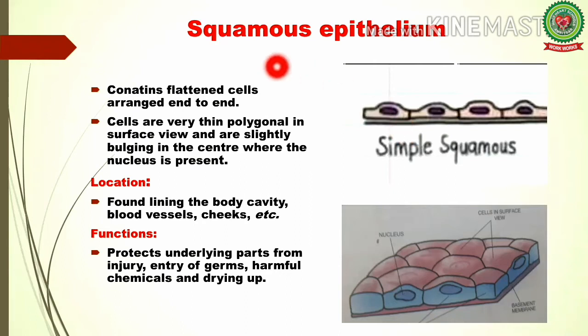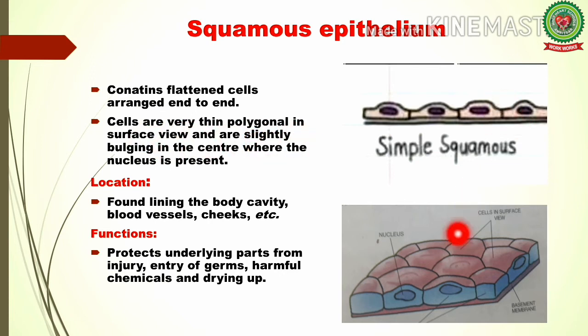Now students, what is squamous epithelium? It is also called pavement epithelium due to its tile-like appearance. It contains flattened cells arranged end to end. Cells are very thin, polygonal in surface view.